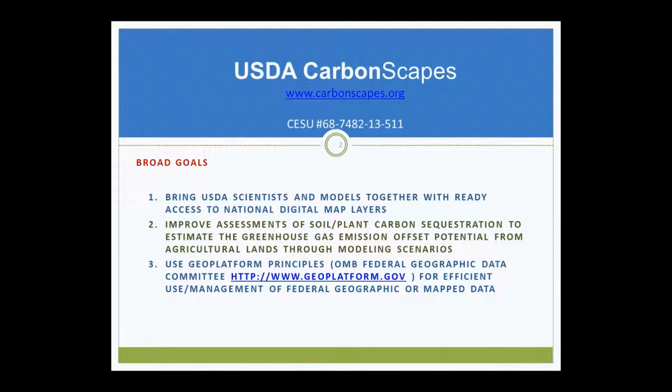With the goal of improving our assessments of the soil plant carbon sequestration to estimate greenhouse gas emission offset potential from our ag lands that we're charged with managing and supporting through various modeling scenarios.